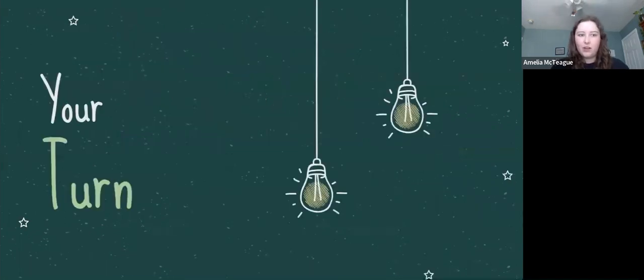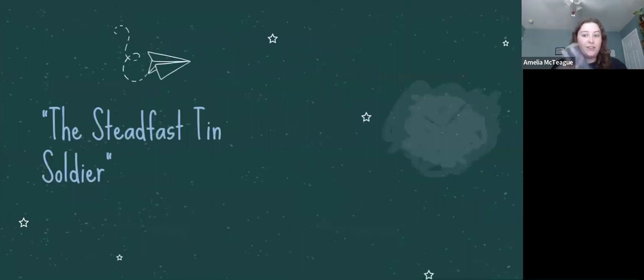So now it's your turn. With a partner, we're going to look at some context clues for the part of this book called The Steadfast Tin Soldier. You're going to be looking at the little excerpt from the story, taking this worksheet and working with a buddy. You're going to try to find the unknown word's meaning, but you also have to explain your answer.